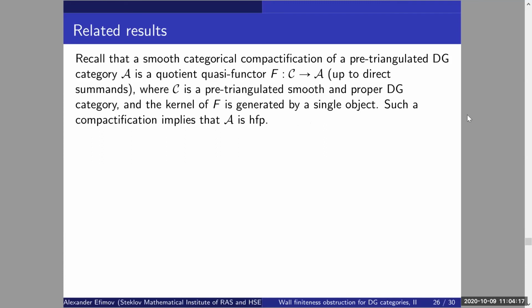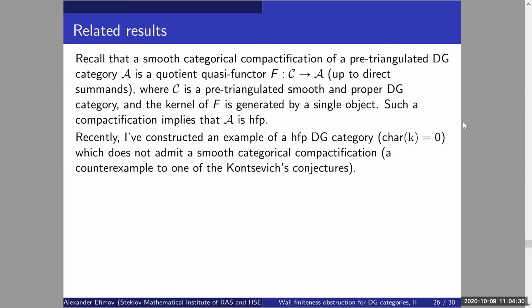And it was a question of Toën whether, at least in characteristic 0, any homotopically finite category admits a compactification. I've constructed recently a counterexample to this, giving a negative answer to the question of Toën.